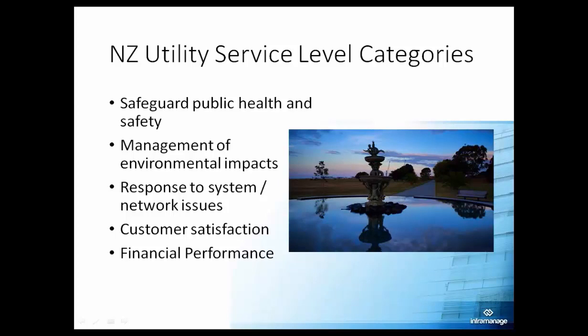The other thing that happens, and I think it is something that gets overlooked, is project-specific service level consultation. So I'm putting in a new treatment plant, or a new wastewater discharge or something like that, and it's a big project, and it's going to cost tens or hundreds of millions of dollars. And so in New Zealand, as part of our permitting system, we have to consult for that.